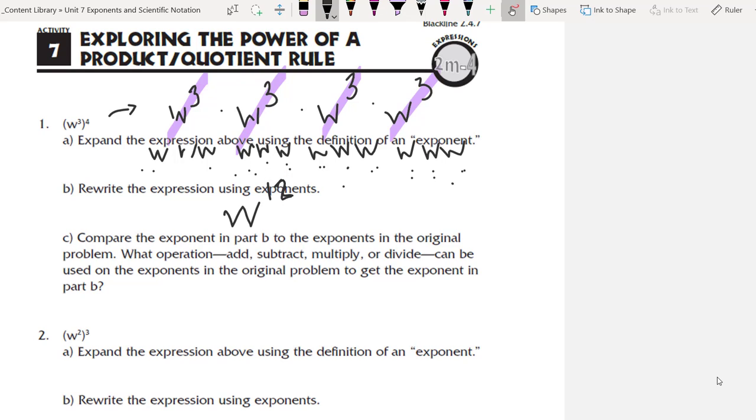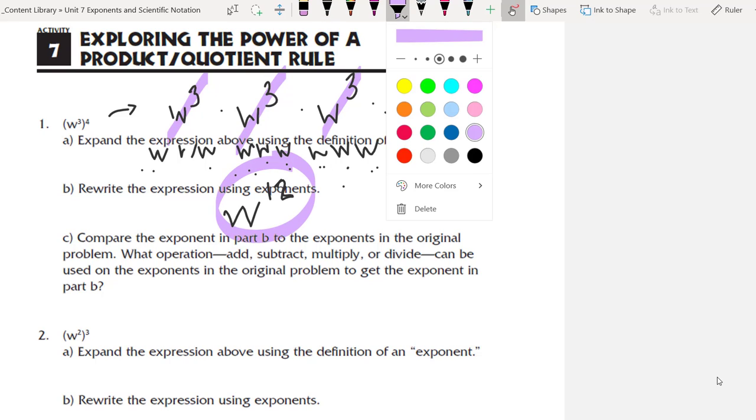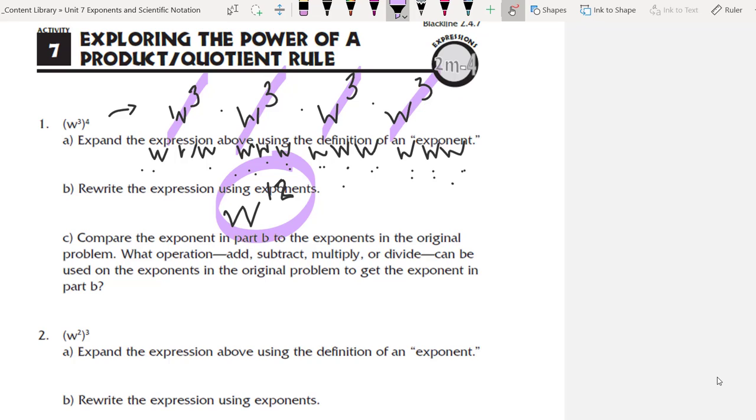W to the 12th. Comparing the exponent in part B to the exponents in the original problem, what operation can be used on the original problem? From this to this, what operation did we use on the exponents?